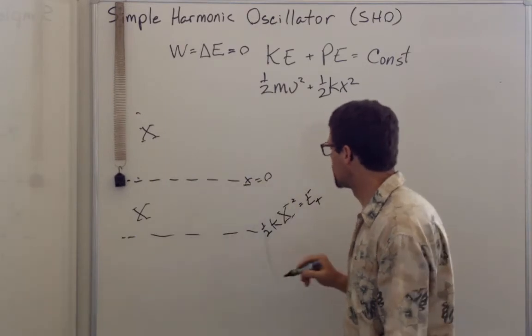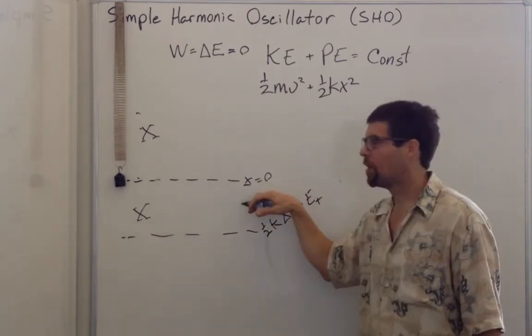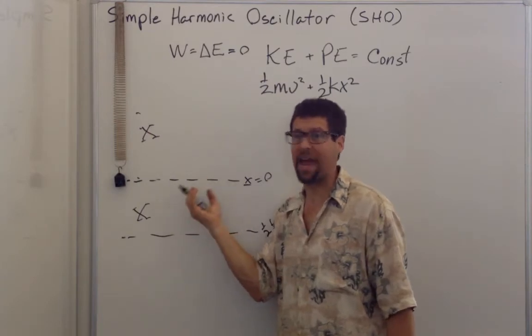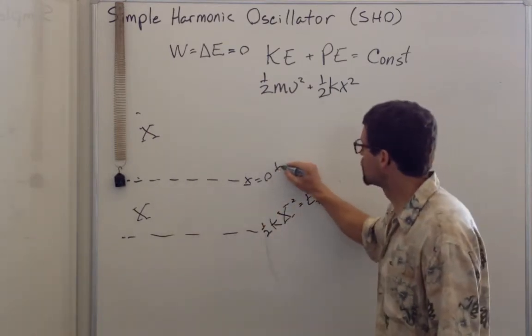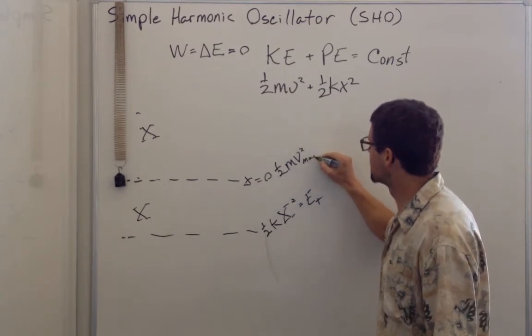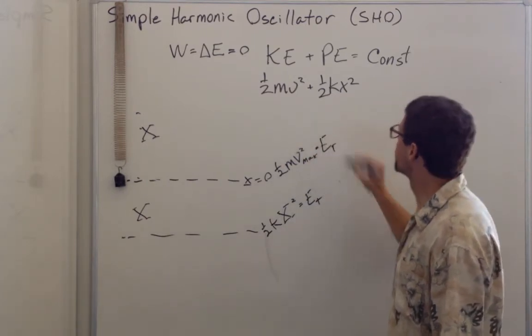That's when x equals 0 and there's no potential energy. So therefore, all the energy must be in the kinetic energy, 1/2 mv squared. So 1/2 mv squared max is equal to the total energy.